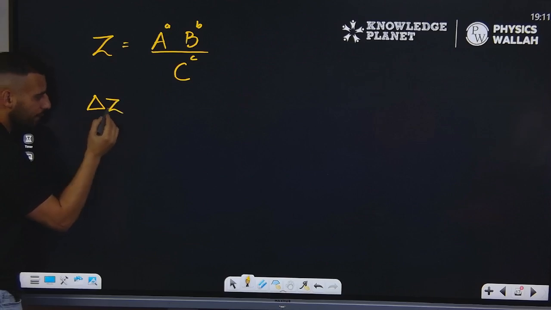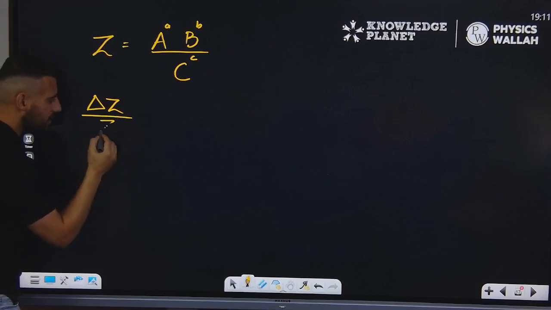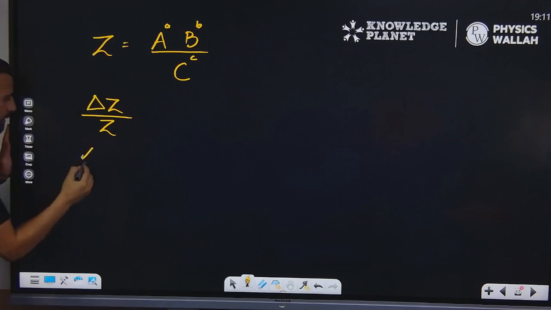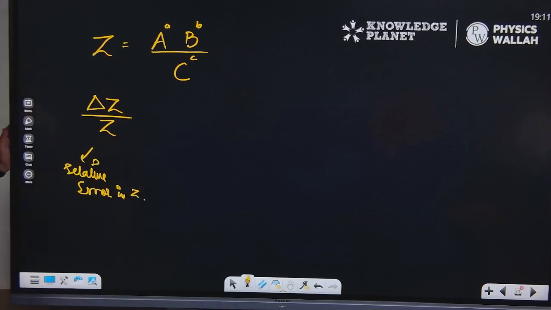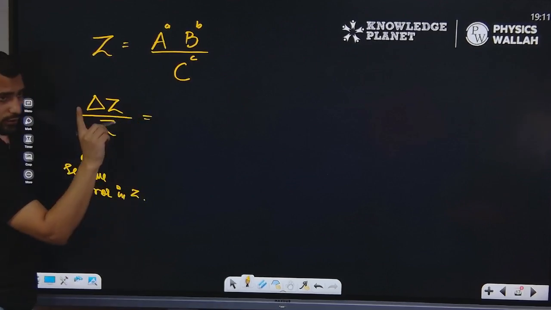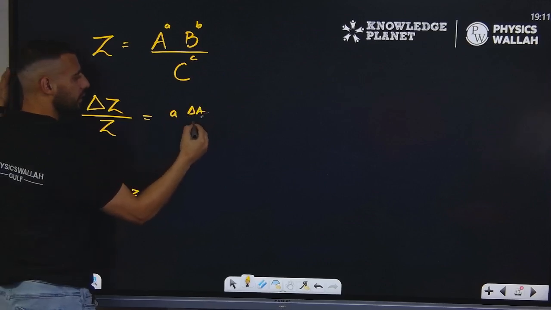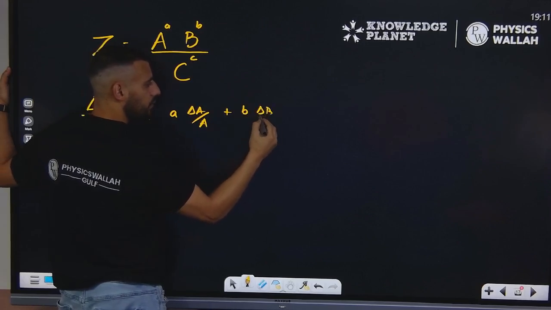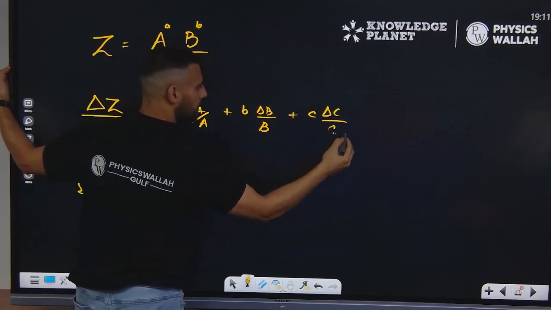This is called the absolute error in Z. If you divide it by Z, this is the relative error in Z. This is equal to, very important, a times the relative error in A, plus b times the relative error in B, plus c times the relative error in C.